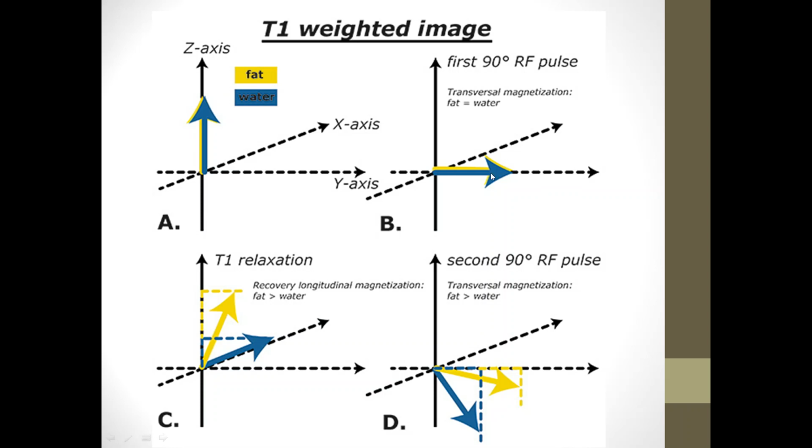Here the protons acquire the energy and are excited by 90 degrees. This is the tilting angle or flip angle, the angle to which the protons move, or which causes flipping of the protons. So the protons will be at 90 degrees, in the XY direction. Now the magnetization coming from fat and from water is the same, because both are in the XY direction.